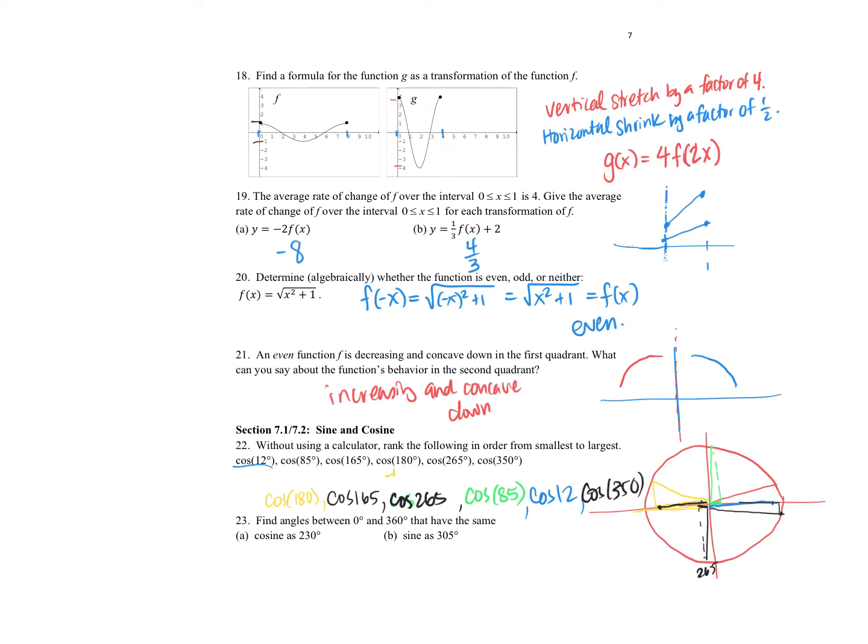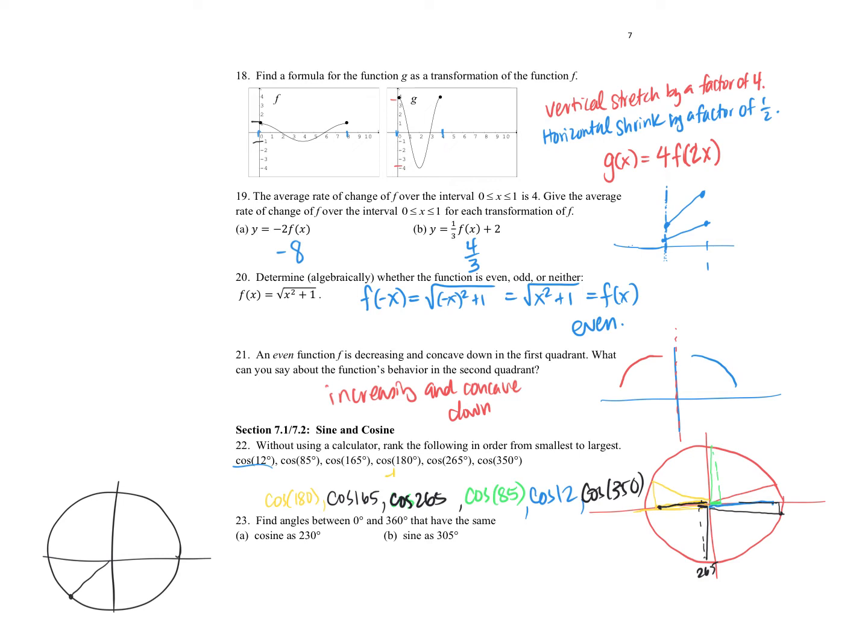Okay. Find all the angles between 0 and 360 that have the same cosine as 230 degrees. So I'll draw that on my unit circle. 230 degrees will be over here in this quadrant, right? And the reference angle is going to be what?